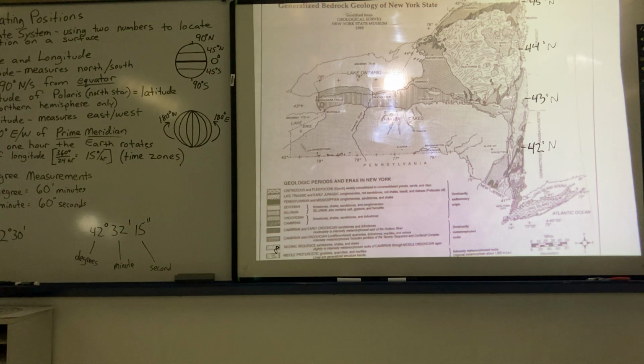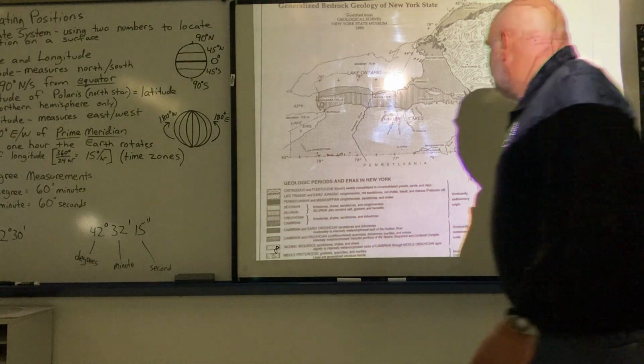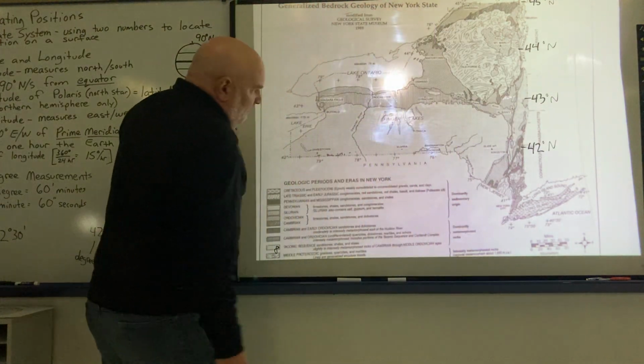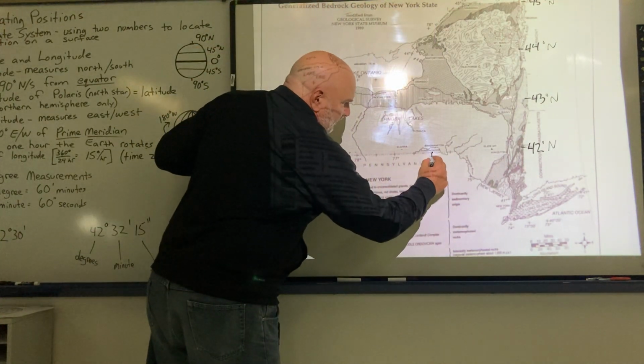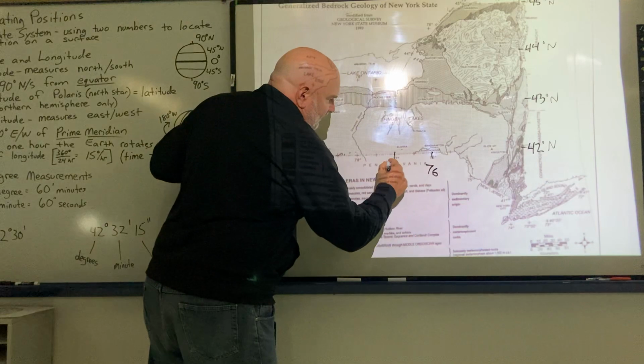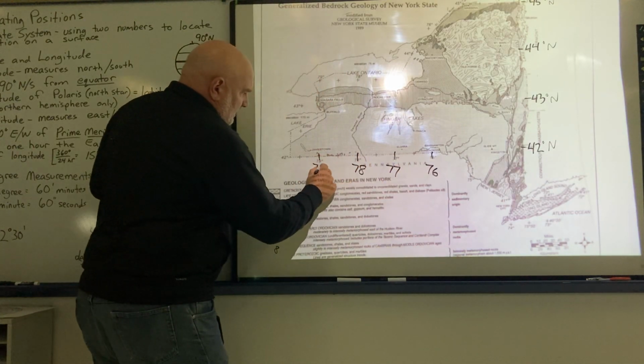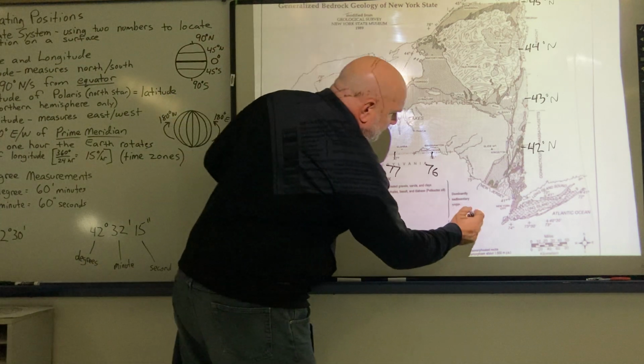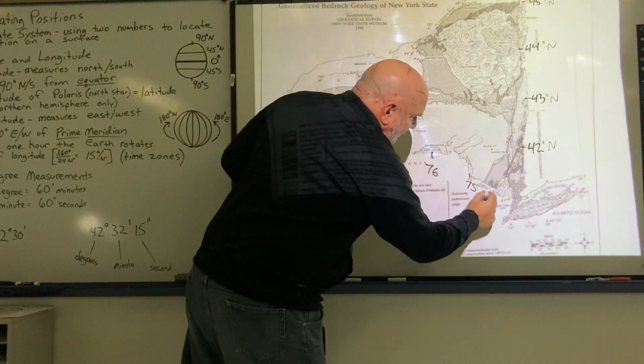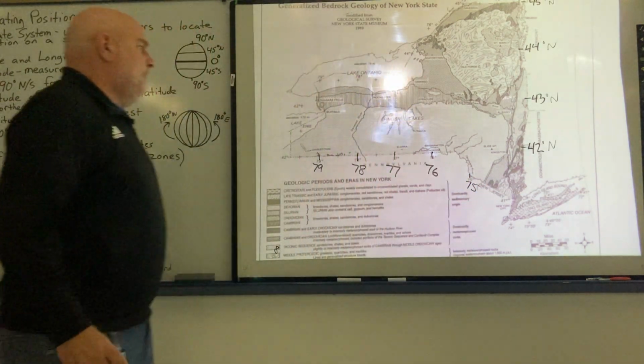All right, your longitudes. You find your longitudes either on the top or bottom of the map. So those would be these numbers right there. So there's 76, 77, 78, 79, there's 75, and so forth.